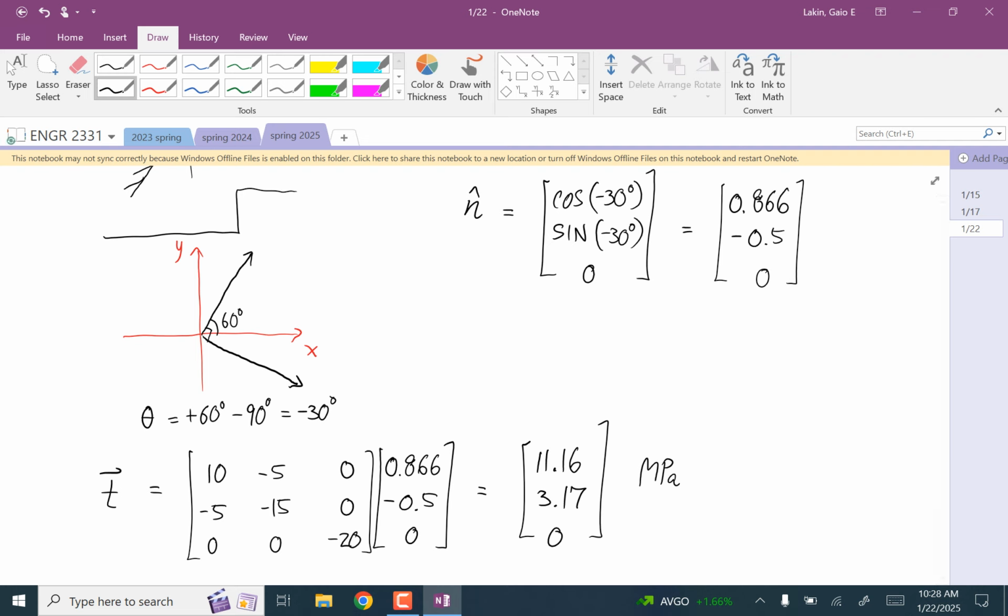So what's the physical meaning of the traction? It tells you the components of pressure acting on a given face.